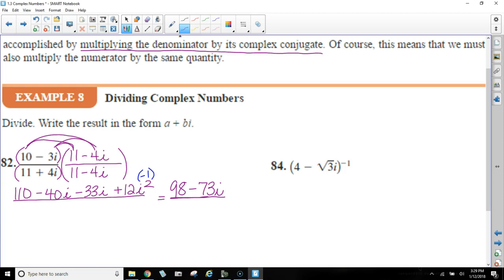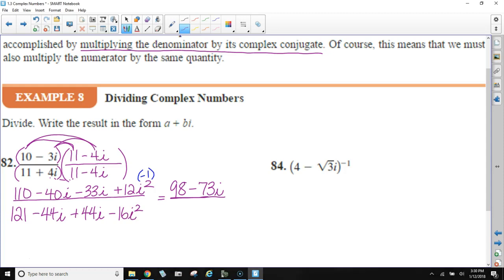We must also multiply out the denominator. So first times first, 11 times 11 is 121. Outer times outer is negative 44i. Inner times inner is positive 44i. And last times last is negative 16i squared.